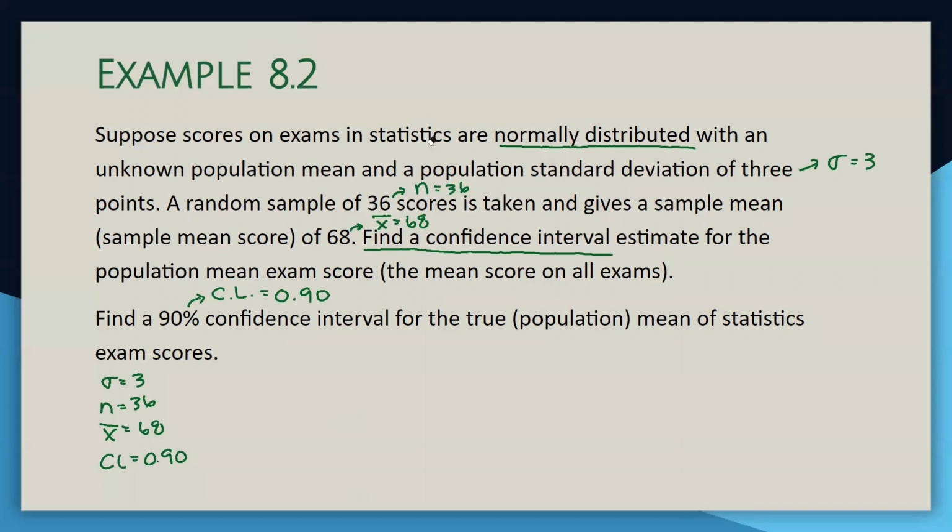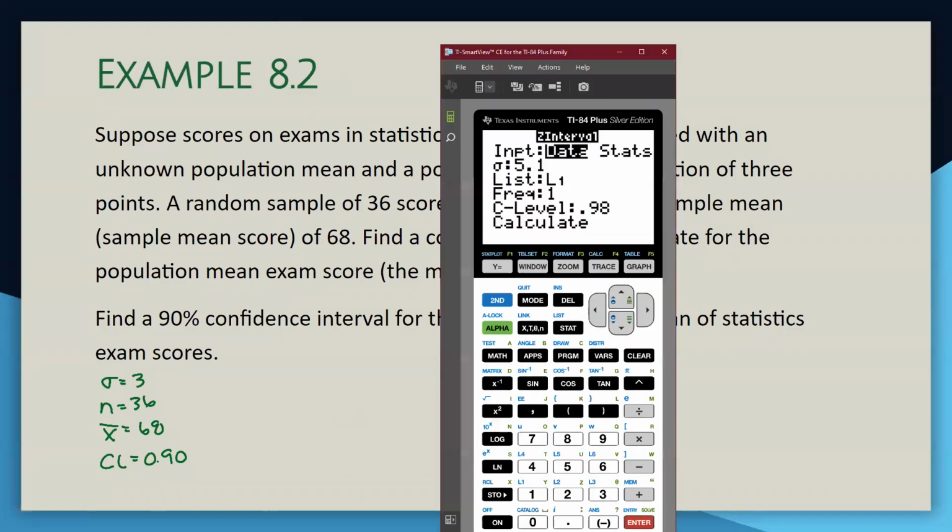So let's erase the rest of this now that we've identified what we're looking for, so I can pull up our TI. I'm going to do this first example on the TI calculator, and then the second example on GeoGebra so we can see what that looks like.